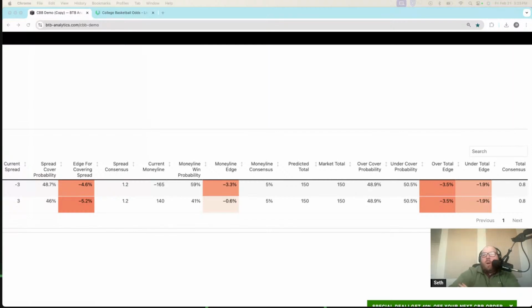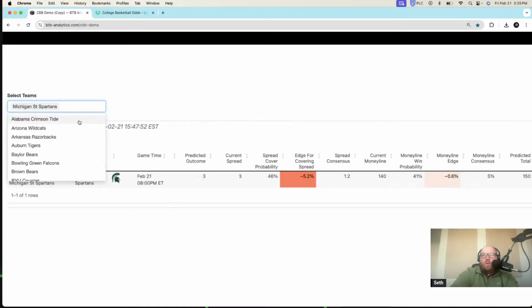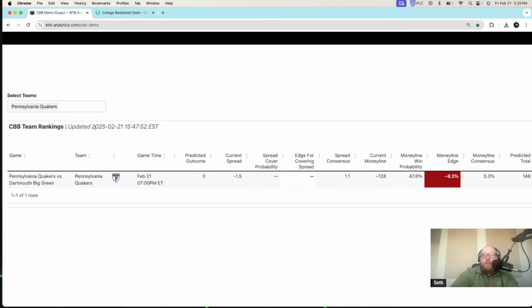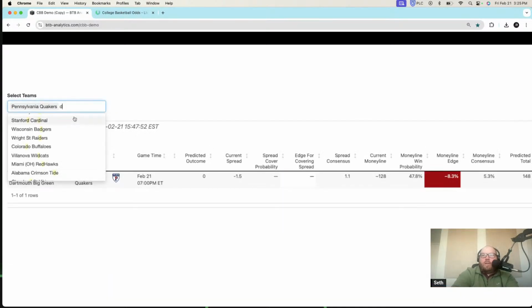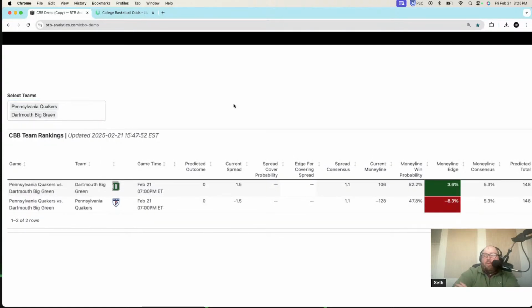Wichita State. Somebody was asking about Penn. I think they play Bucknell. Who do they play? Penn plays Dartmouth, and there is some good value on Dartmouth money line at plus 106 or better.